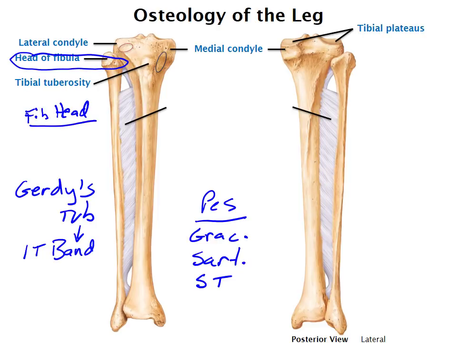You remember? If you said the biceps femoris attaches there, you'd be correct. Also, if you said the LCL attaches there, you'd be correct. And there's another structure that we'll see today called the fibularis longus that attaches to the fibular head.